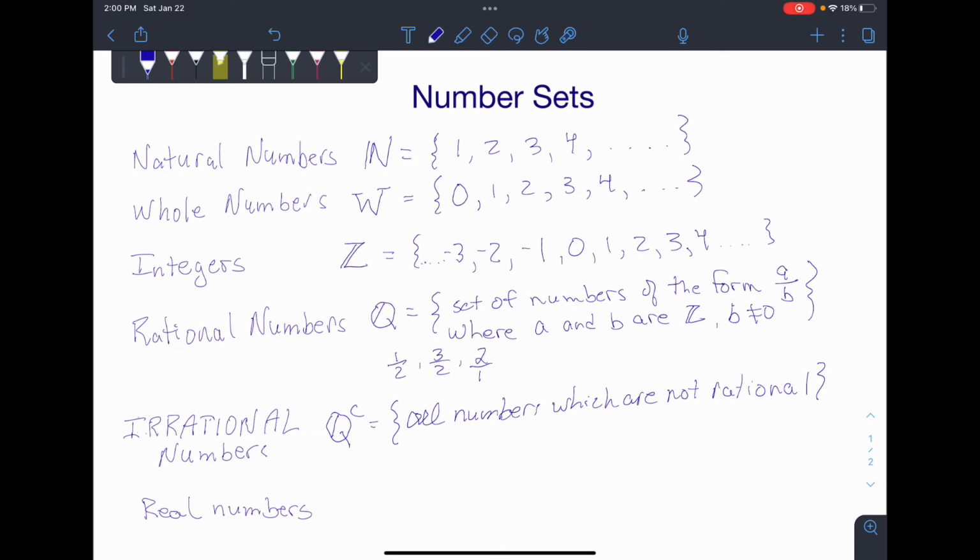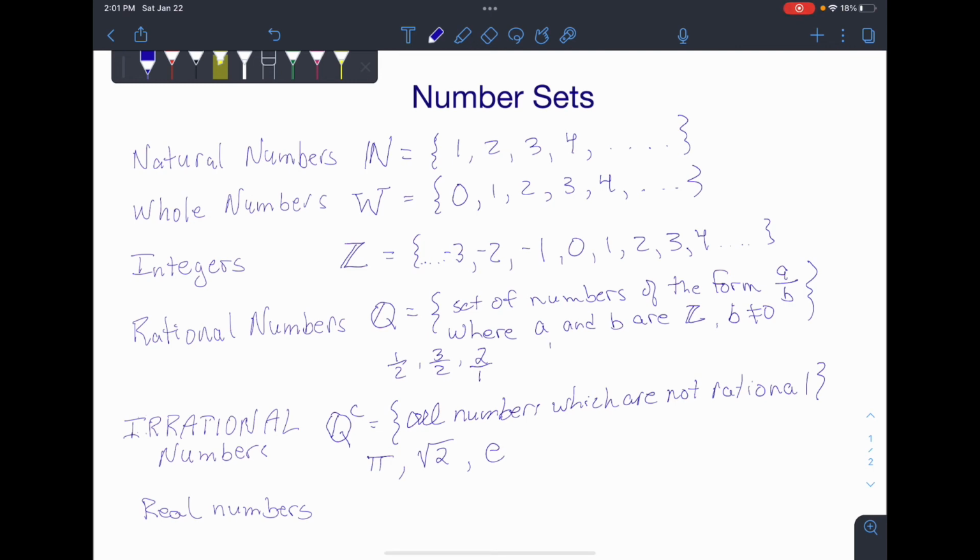Numbers in this set include numbers that you know of, like pi. You've seen the square root of 2. There's another number here which we'll talk about later, e. There are an infinite number of these irrational numbers. One thing that helps define these is that they contain an infinite number of decimal places that don't repeat. What do I mean by that?